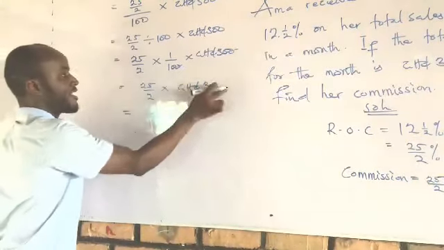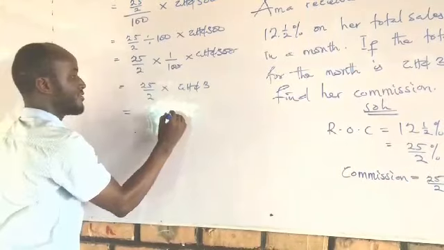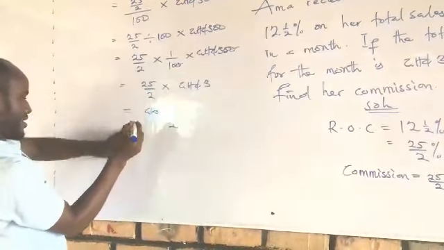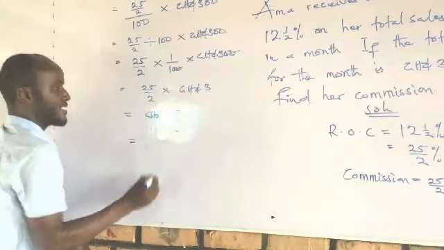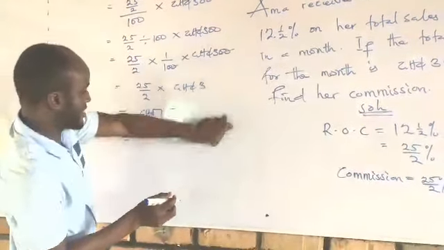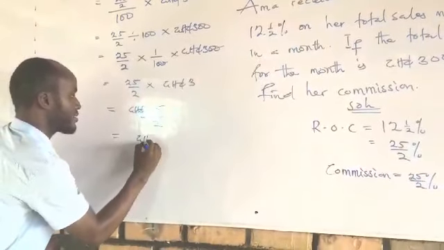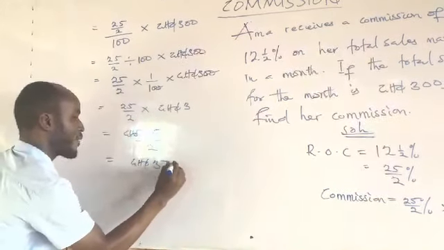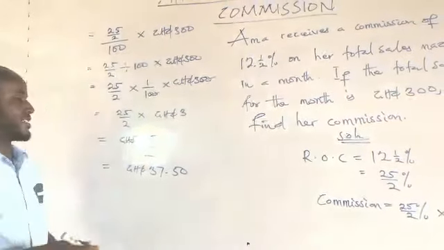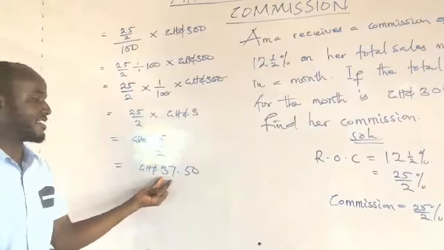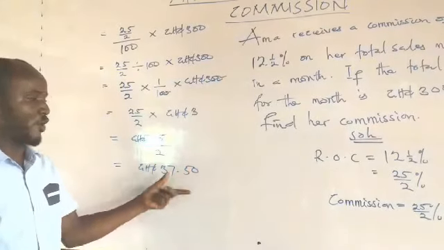So you multiply 25 by 3, we get 75 Ghana cedis out of 2. Then we evaluate, leaving it in 2 decimal places. So we shall get 37.50 Ghana cedis. So we are getting 37 cedis, 50 pesewas. So this is the commission.